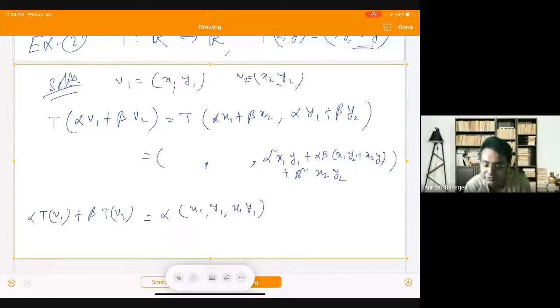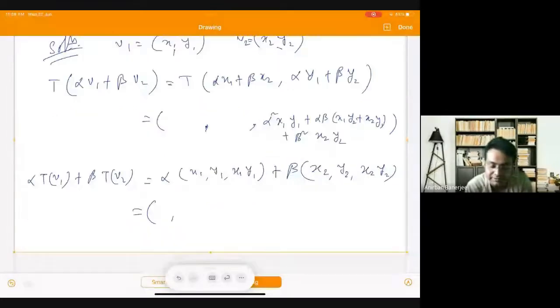Then the third coordinate we will figure out will be alpha x1 y1 plus beta x2 y2.